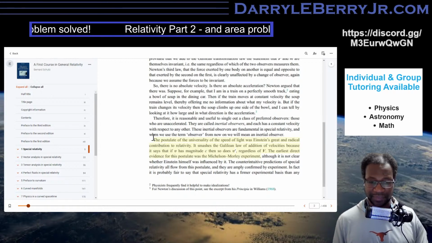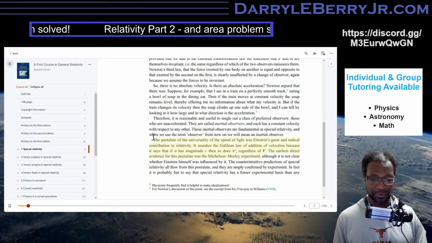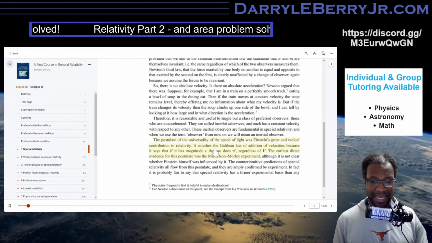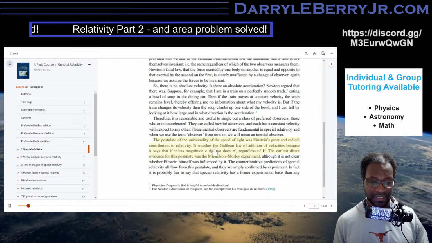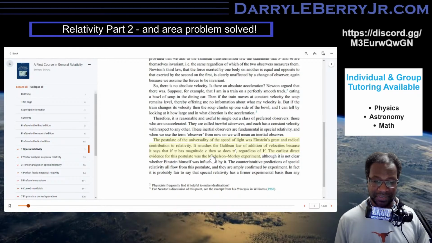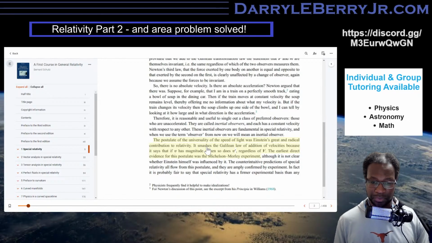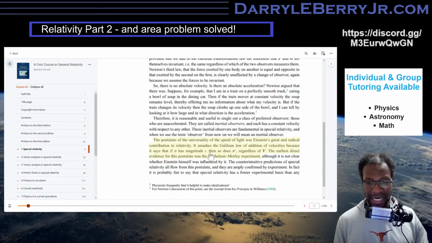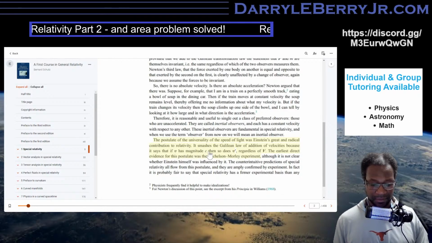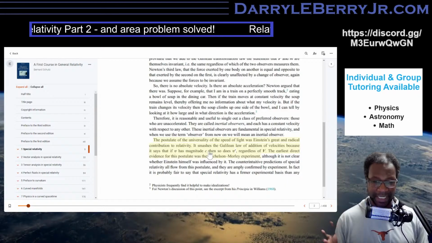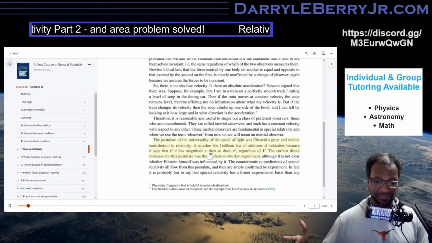The postulate of the universality of the speed of light was Einstein's great and radical contribution to relativity. It smashes the Galilean law of addition of velocities because it says that if v has magnitude c, so does v prime. And v prime would simply be the speed of light as measured by an object that's moving.